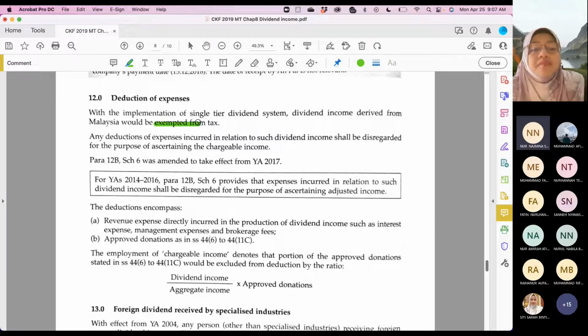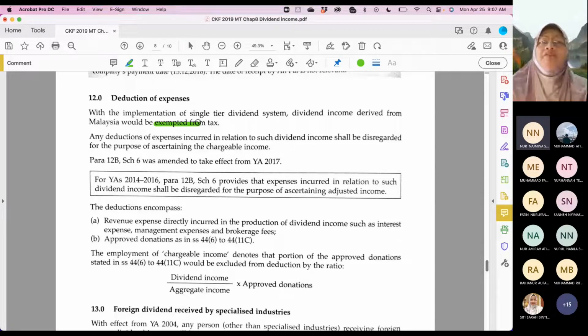Once you have that exempted, if you have any expenses incurred in arriving at your dividend income, those expenses you cannot deduct anymore. What it says is like this. Assume a company borrows 100,000 ringgit from a bank.